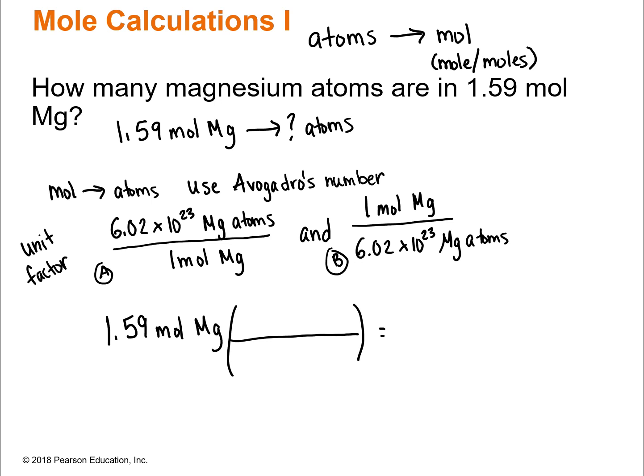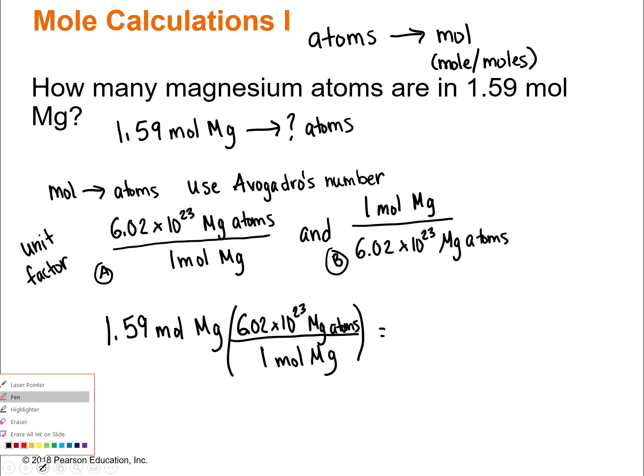I should use A because I'm trying to get to atoms. That means I have to cancel out the moles. If I use that first unit factor, I cancel out the moles and I'm left with magnesium atoms.